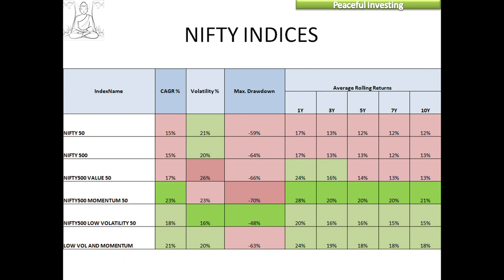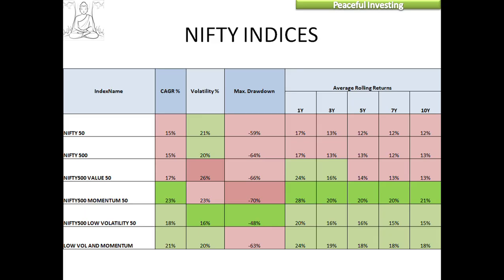So Nifty 500 low volatility 50 offers higher rolling returns, less drawdown, less volatility, and decent enough CAGR. So returns per unit of volatility is probably higher on Nifty 500 low volatility 50.